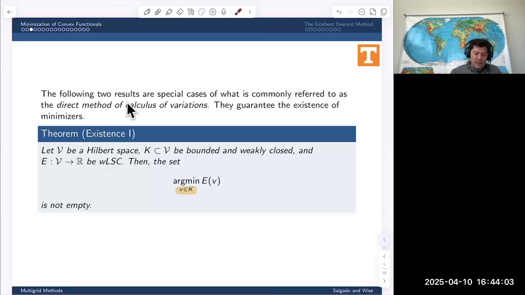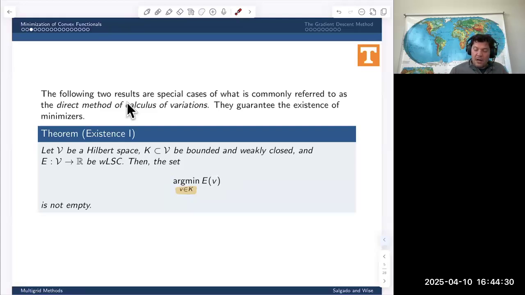We defined that weird concept called lower semi-continuous and weakly lower semi-continuous a couple of classes ago, and I won't at this time go back and remind you what those are, but those are in the notes and in the slides. If all of these things hold, then this set is non-empty. Okay, the argmin set is non-empty. There's something in there where we're going to get a minimum.